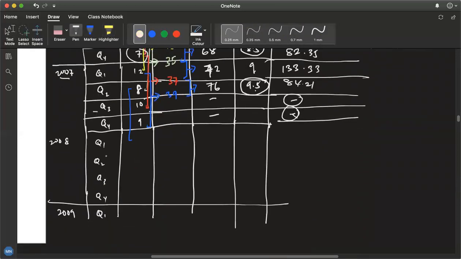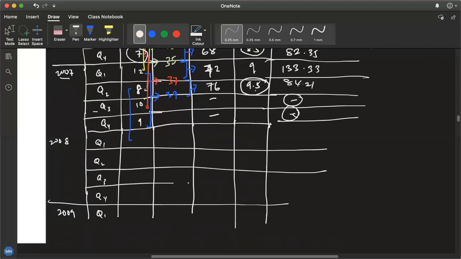We already have the trend values from 2007 quarter 2. So this is change number 1, 2, 3, 4, 5, 6, 7. We want to find the estimated trend in period number 7, because we want to forecast the value of sales for quarter number 1, 2009.